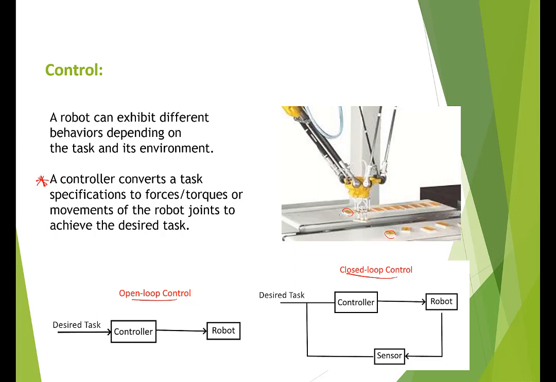Then using, for instance, inverse kinematics, if we know this position as x, we can calculate what the joint angles of the robot should be in order to get there, pick the object and bring it here. This is called open loop control. We know what the task is, we know all the parameters of the task, position, everything. We just tell the robot to do it, usually using inverse kinematics or inverse dynamics.